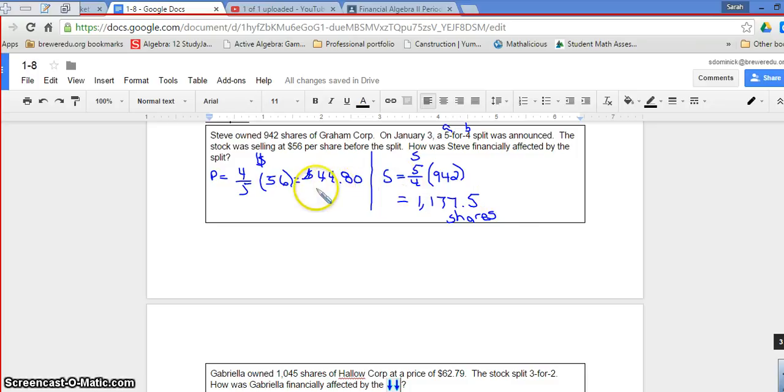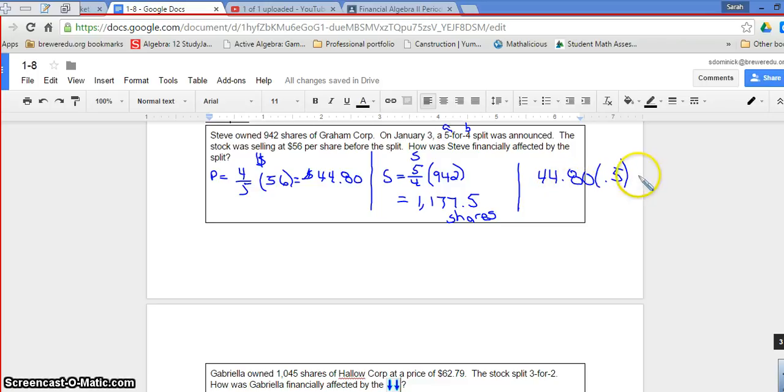If one share is worth $44.80, and you need to figure out how much 0.5 of a share is, you need to multiply those. I'm willing to bet a lot of you already know what the answer is, right? Or instead of multiplying by 0.5, 0.5 is a half, right? You need to find 1/2 of 44.80.